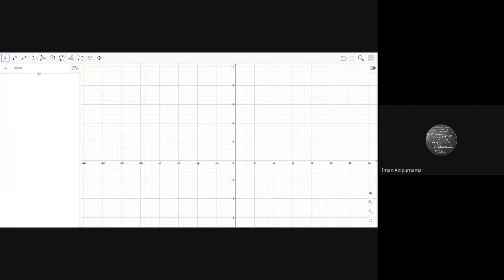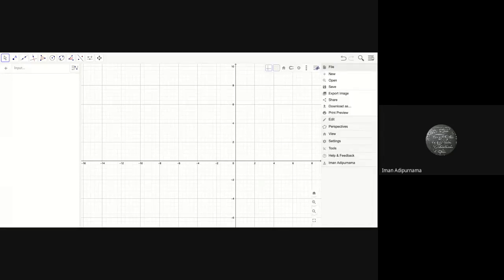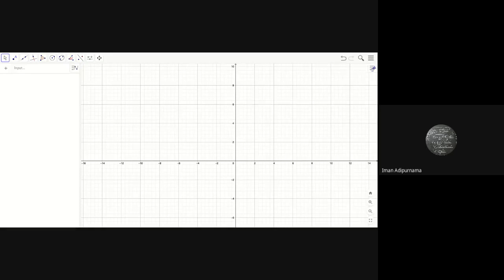Try to make some functions and see how it will work.